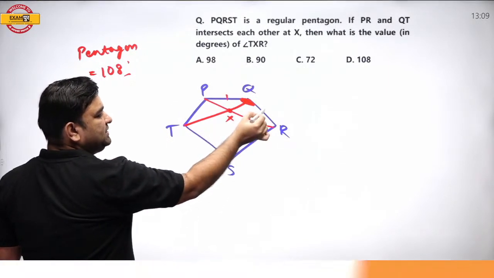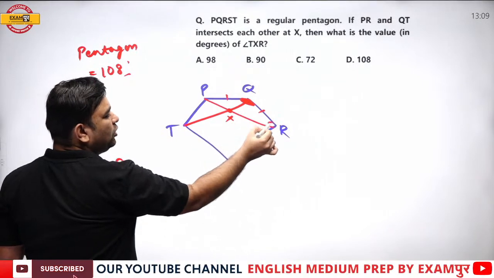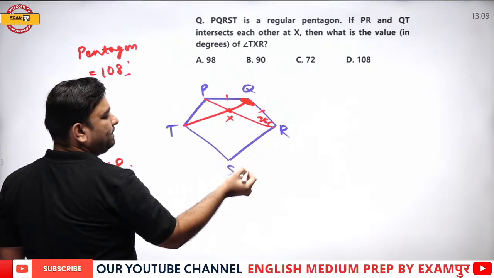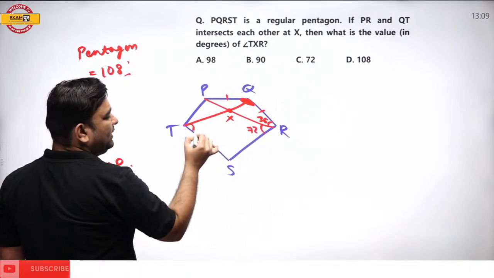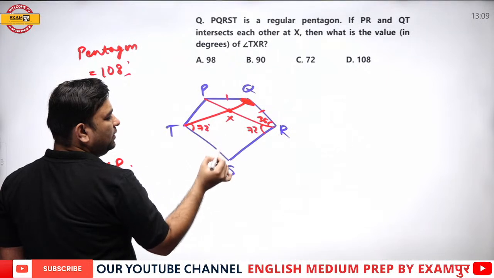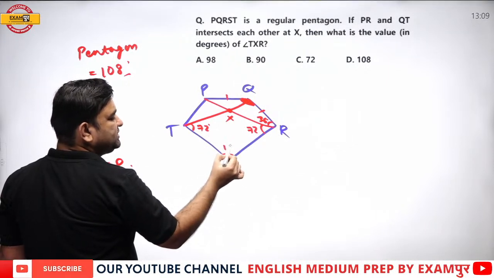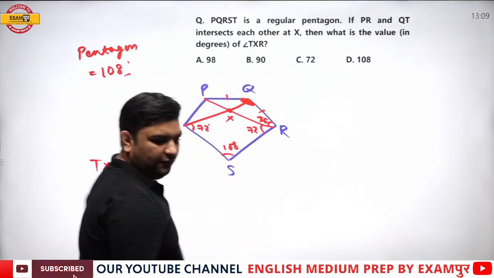Both are equal, sides are equal. 72 divided into 2 equal parts, 36. This is 36, this is 72. Same is going to happen here as well, 72. This is complete angle, 108. You can find out the remaining one.